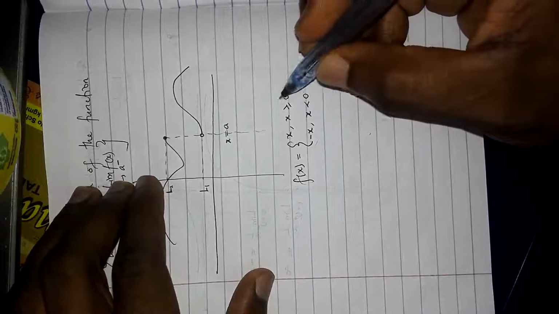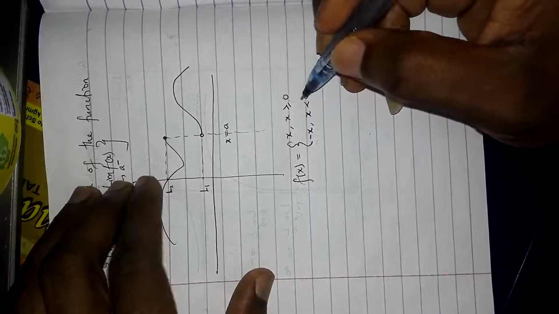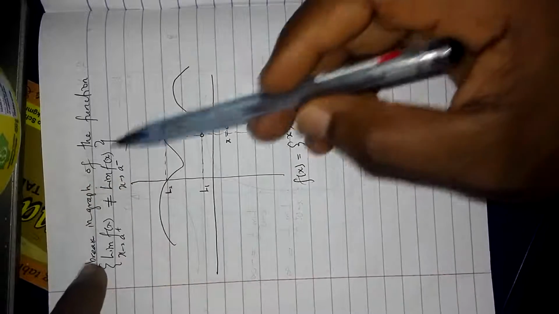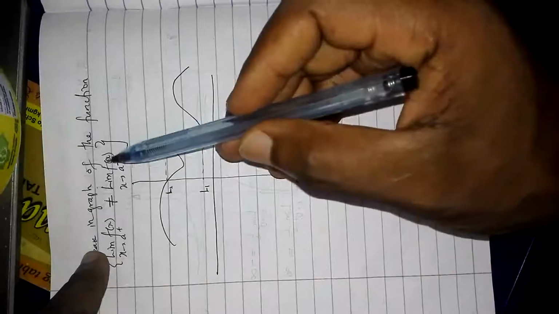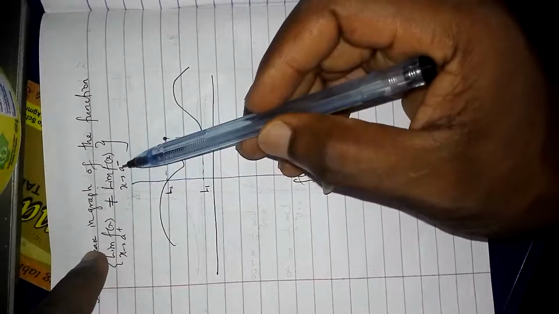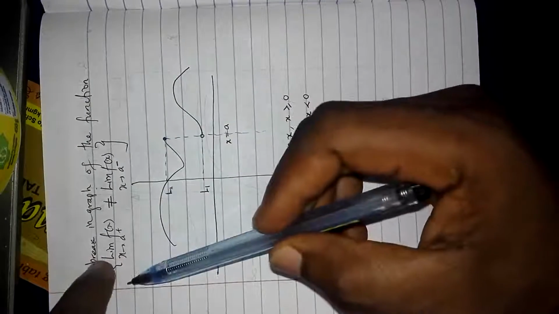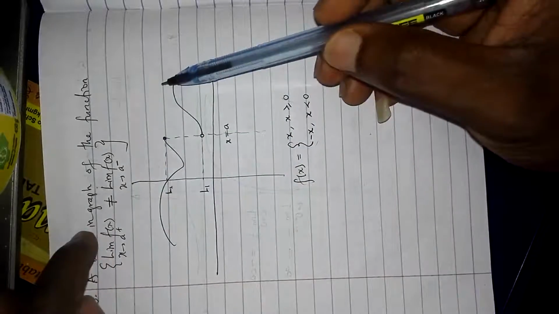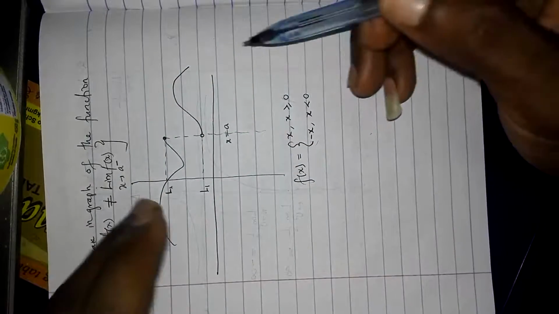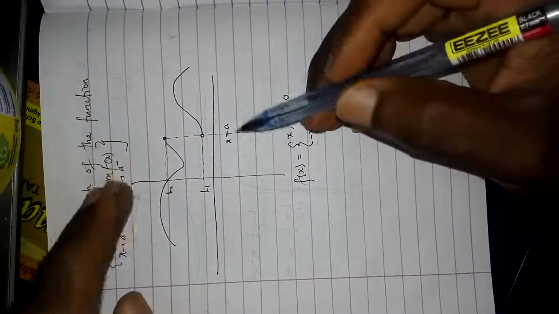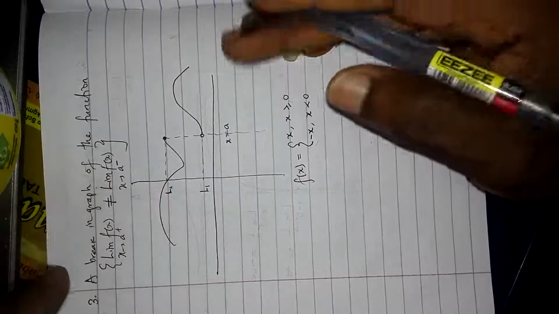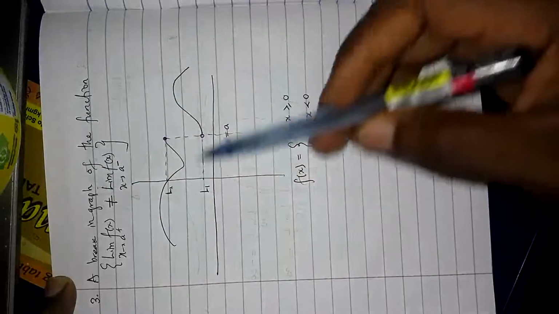So whenever you're asked to evaluate something like this, you should be careful to check the limit from the right first, see what it is, write it out, and also check the limit from the left. When you check both and they are equal, then the limit exists. When you check both and they are different, of course, nobody needs to tell you it means that the limit does not exist.